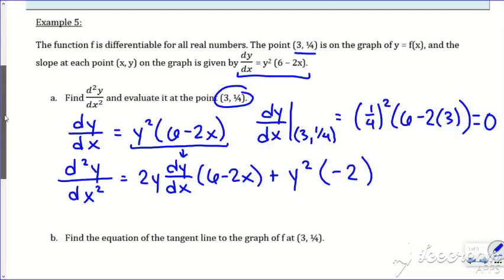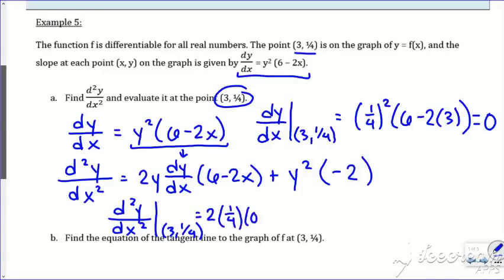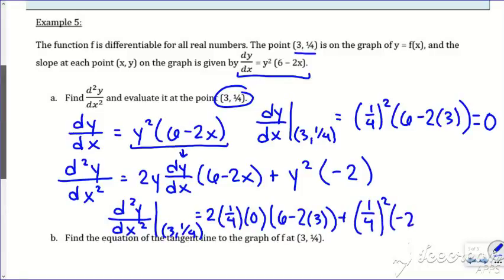And when I plug that in, now, down here, so I'm taking the second derivative at (3, 1/4), I'll get 2 times 1/4 times 0, 6 minus 2 times 3, that's also 0. But then plus 1/4 squared times negative 2. Okay? And when I multiply, my final answer is over here, I should get negative 1/8. And that is my second derivative.